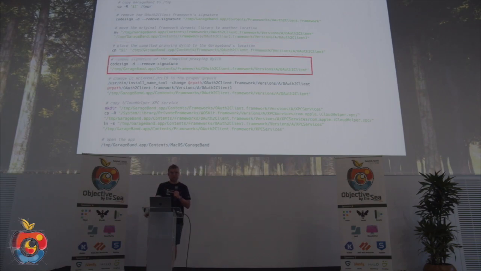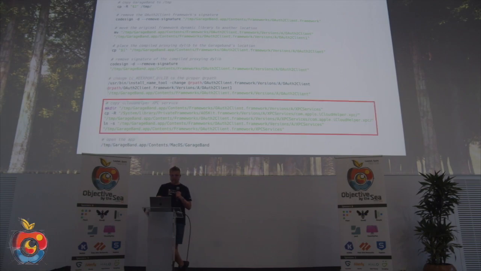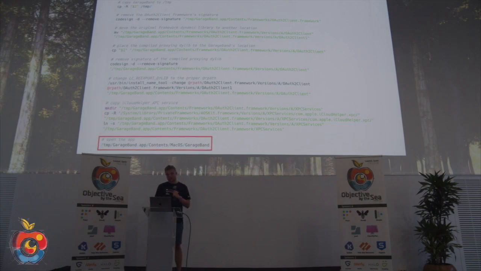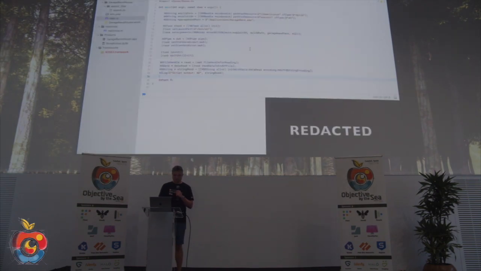I once again removed the signature of the whole framework, fixed some rpath stuff. Then I copied the iCloud helper, which is not vulnerable actually, that will provide us the iCloud tokens. And in the end, I just had to open GarageBand. So now I will show you the demo.